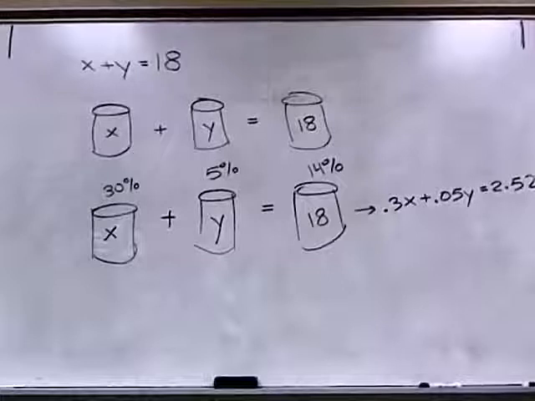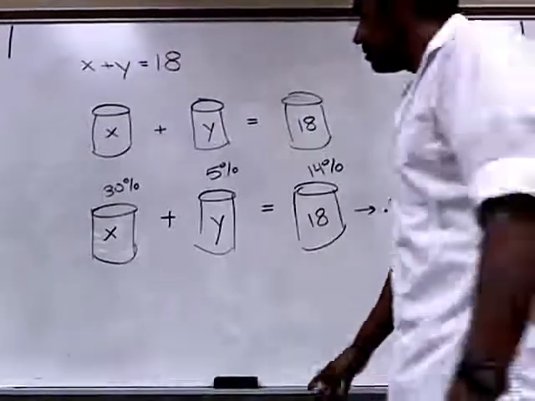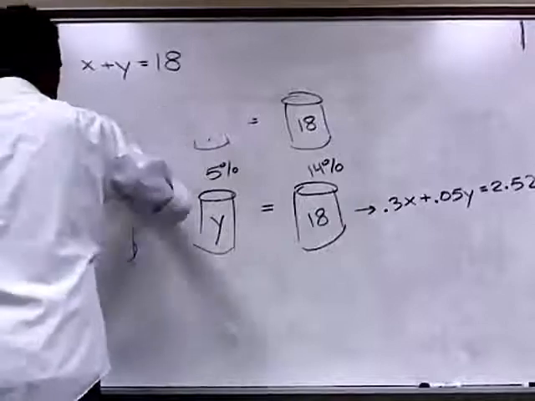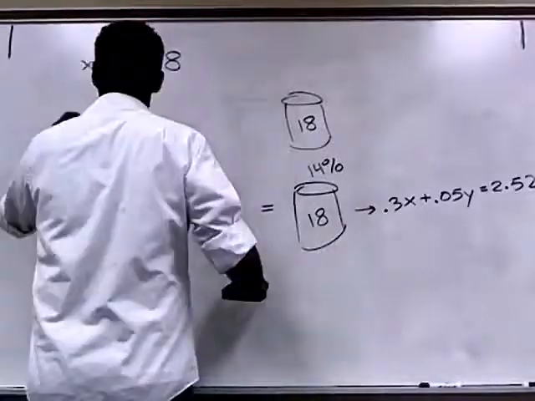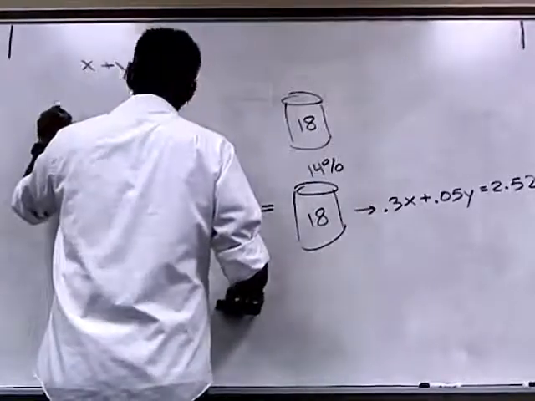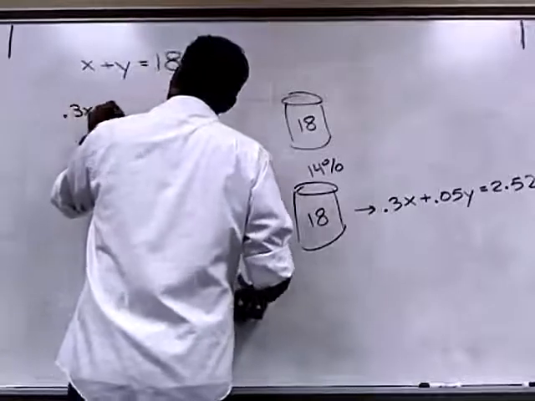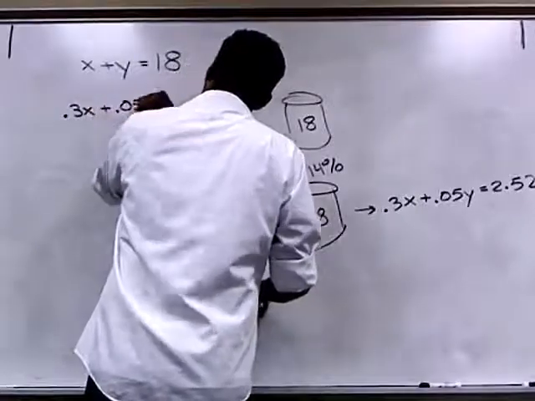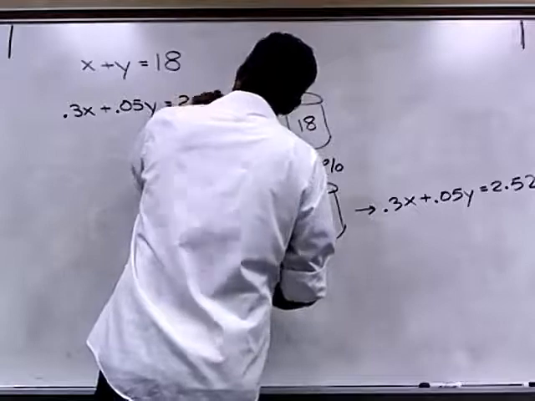So I have my two equations. Now I go solve. Any questions? So here's my system of equations. It's not as nice as what we've seen before. We have 0.3x plus 0.05y equals 2.52.